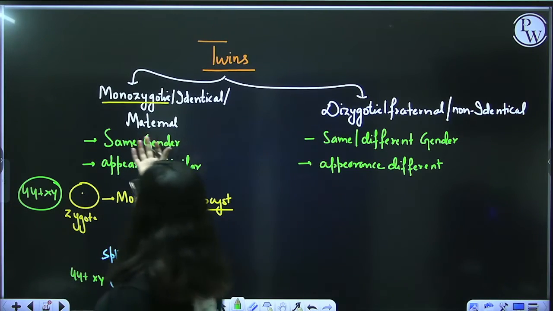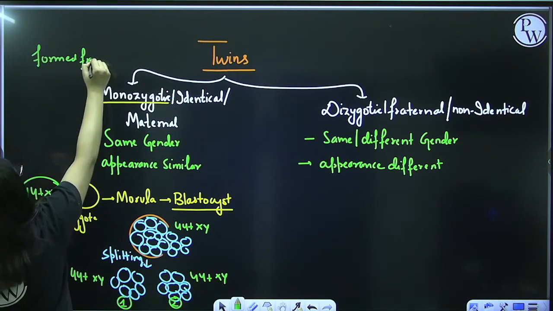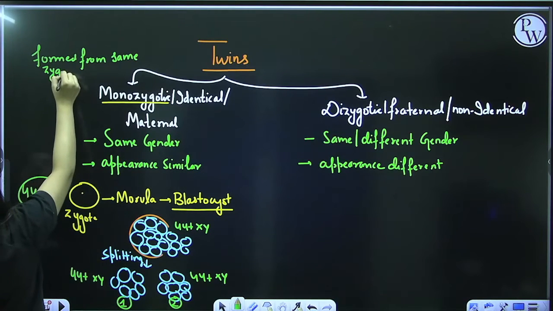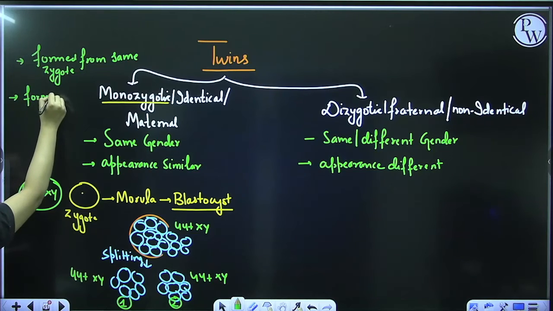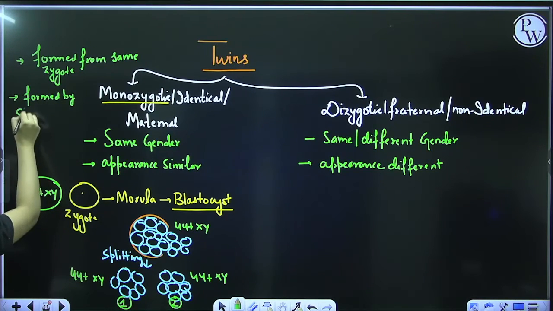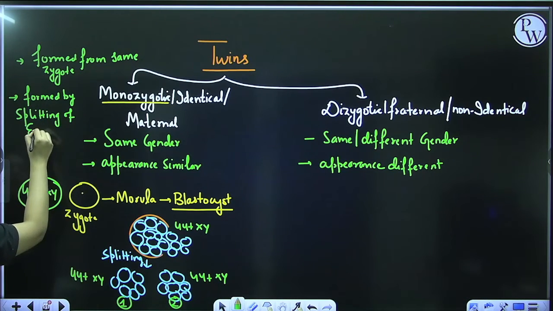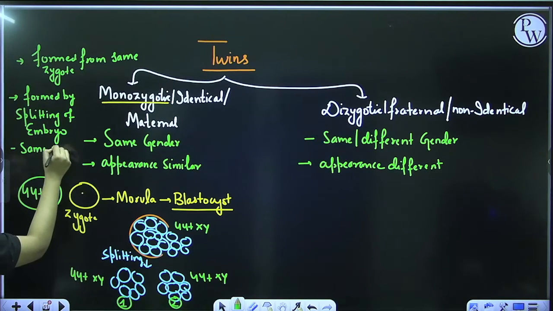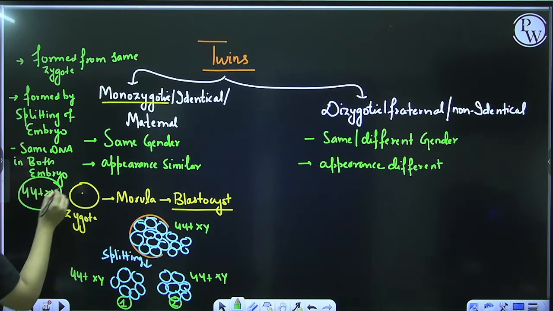So monozygotic, they are formed from the same zygote, formed by splitting of embryo, and they contain the same DNA in both embryos. This is how identical twins are formed.